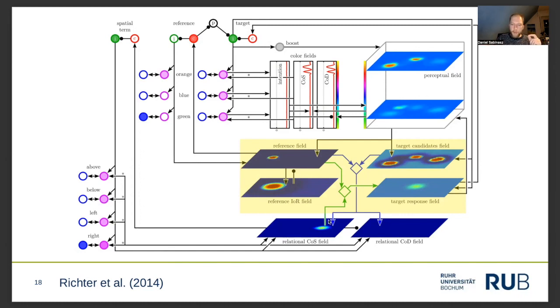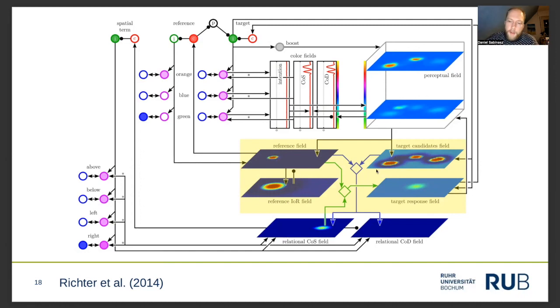And if that pre-shape overlaps with the actual relative locations of the target candidates, the field forms a peak. So the formation of a peak essentially means that there is a target candidate which stands in the correct spatial relation to the reference object.